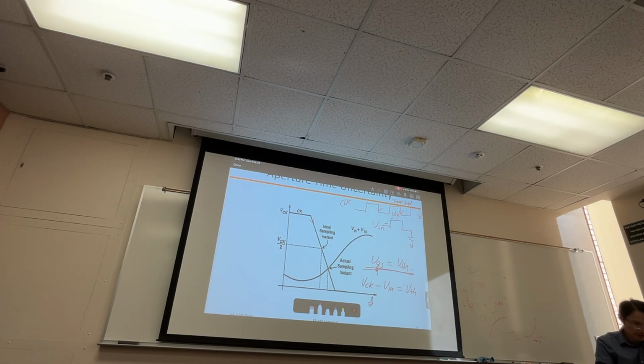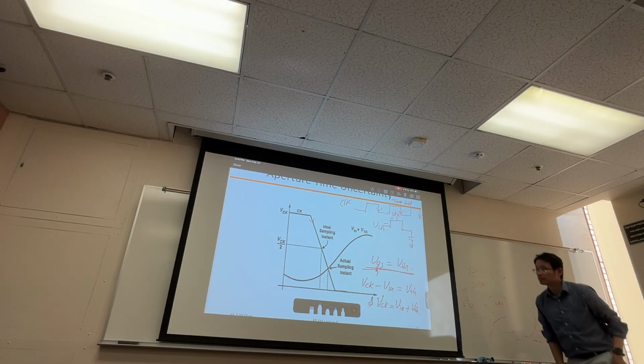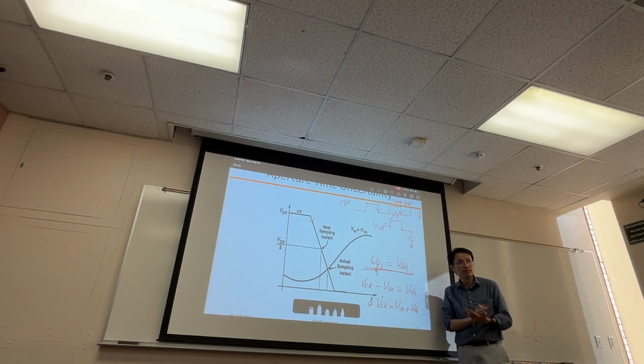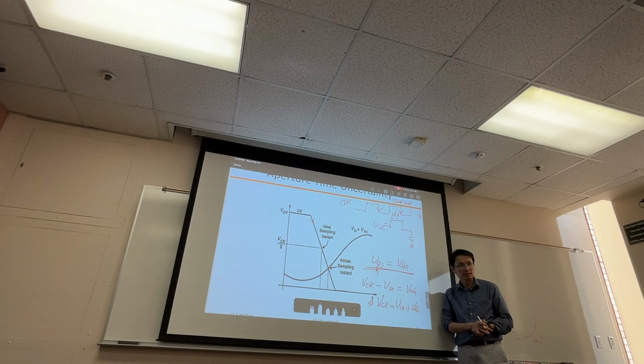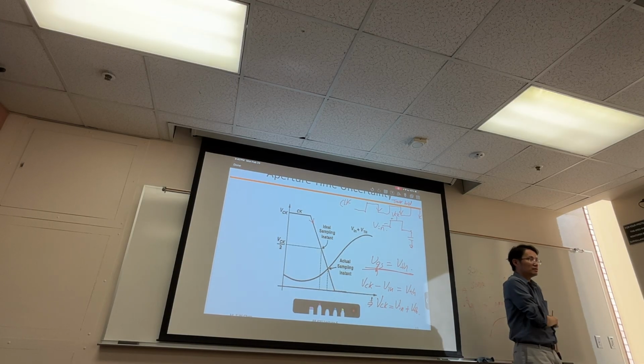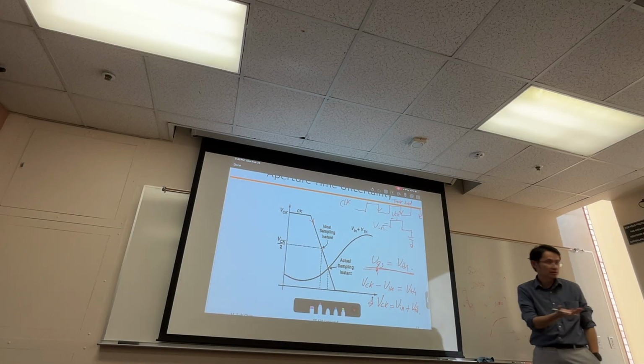Okay, so I'm going to move this to the right hand side. Basically the sampling instant is going to be when V clock equals V in plus VTH. Do you agree? This is the point where you actually determine the sampling instant. Is this a constant value? It's not.